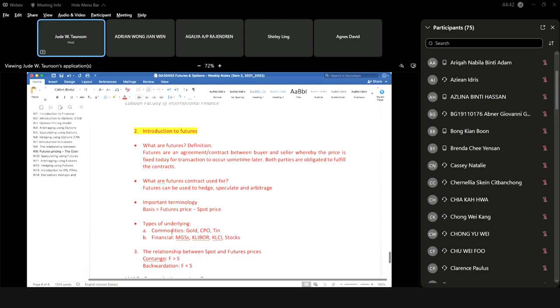This is the underlying. In other words, we can have gold futures, crude palm oil futures, tin futures. Also for the financial, we have MGS interest rate futures, Malaysian government securities futures, KLIBOR futures, KLCI futures, stock futures.